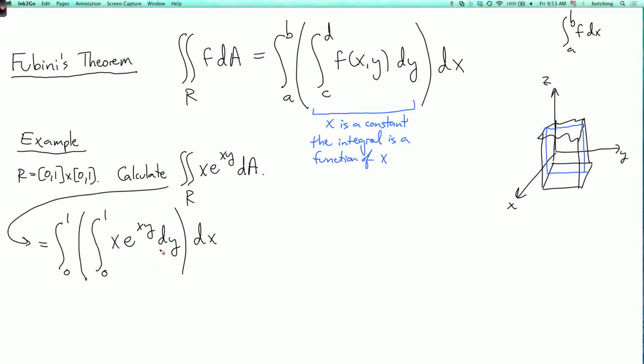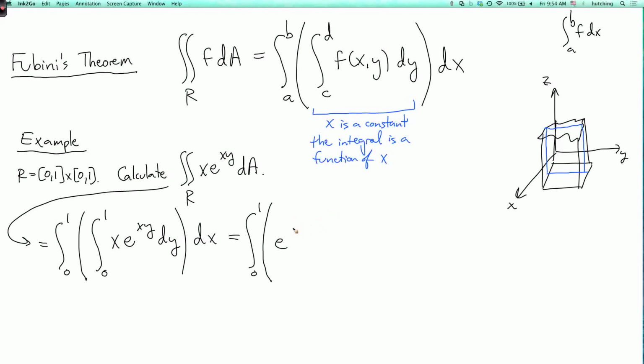So now we do the inner integral first. In this inner integral, we treat x as a constant and we integrate over y. So the thing in the parentheses is e to the xy. How do we integrate this over y?